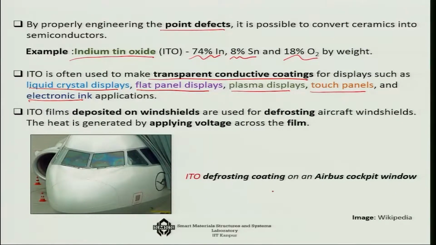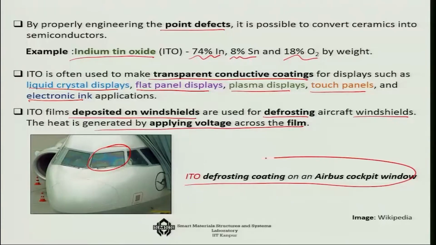In fact, on aircraft windows, ITO films are deposited on windshields and used for defrosting. The heat is generated by applying voltage across the film. So, by properly engineering point defects, you can convert ceramics at least to the semiconductor level. An ITO defrosting coating on an Airbus cockpit window is an example of the whole thing.